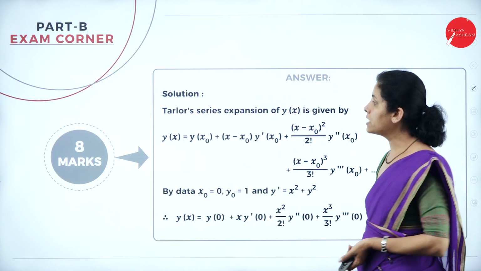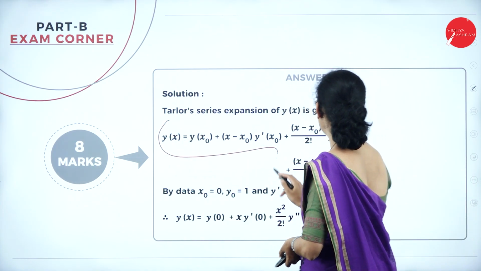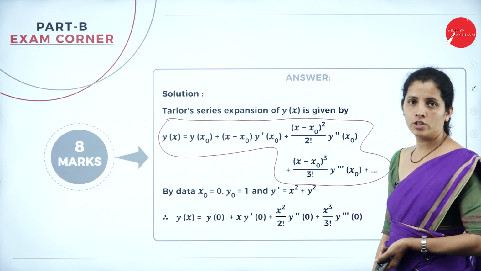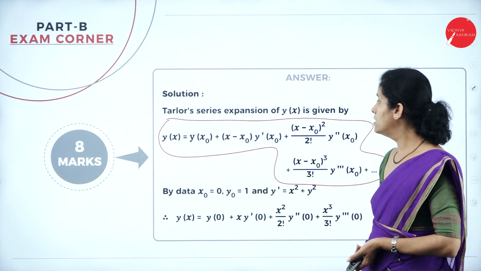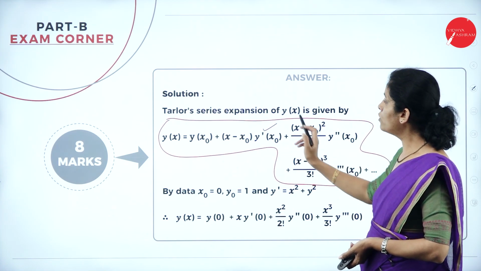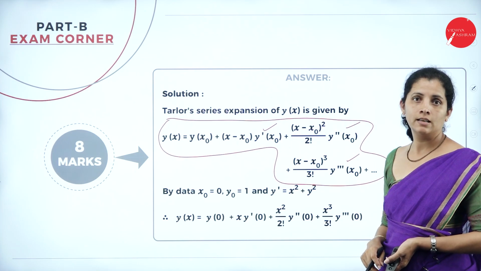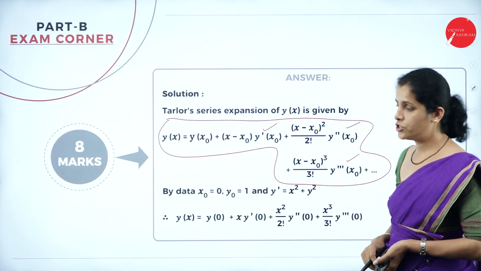Now first I want to write the Taylor series expansion. This is the Taylor series expansion and from the given data, I want to find out y dash, y double dash, y triple dash, that is nothing but differentiation.